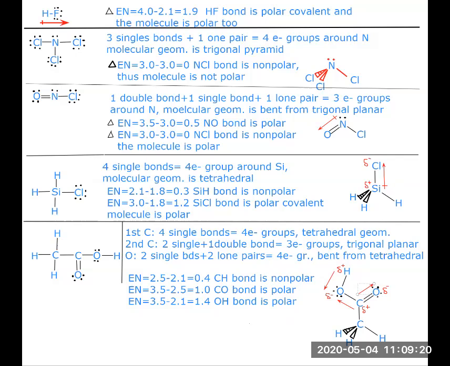So that's how polarity shows up, and it's hard to show on paper. So the molecule is polar because dipoles don't cancel.